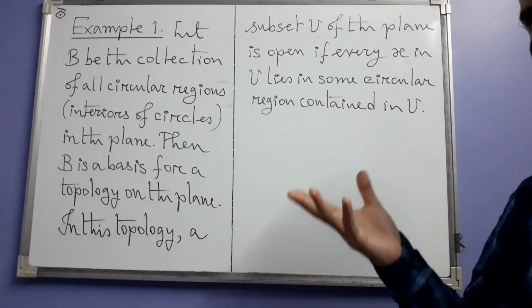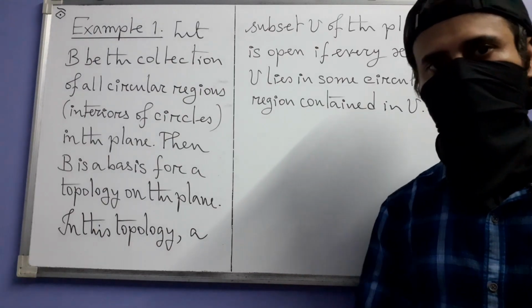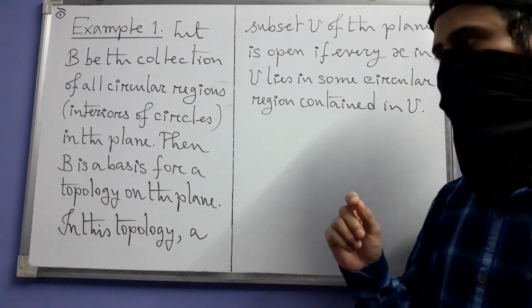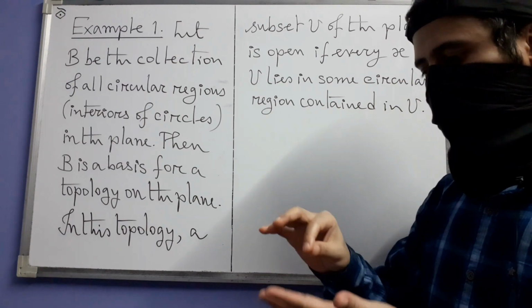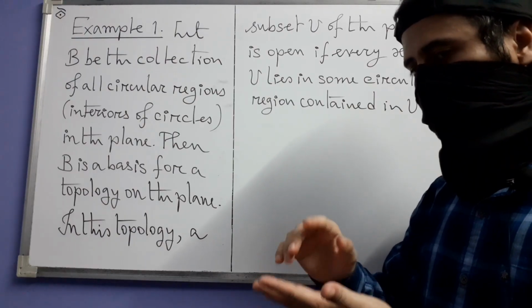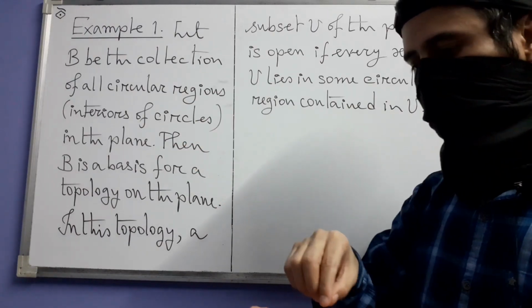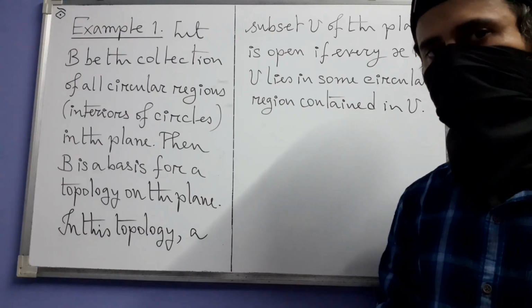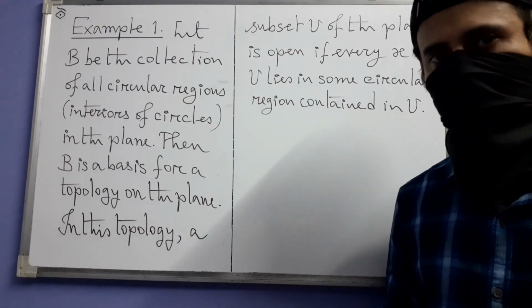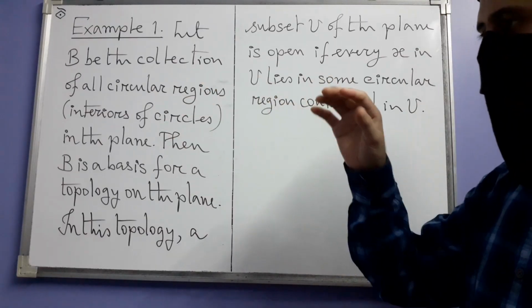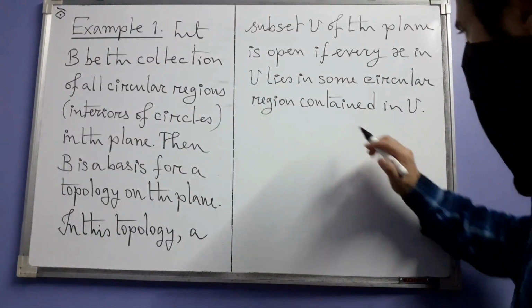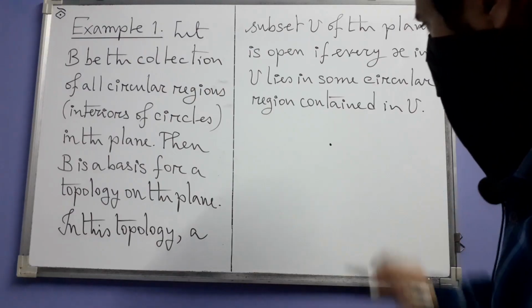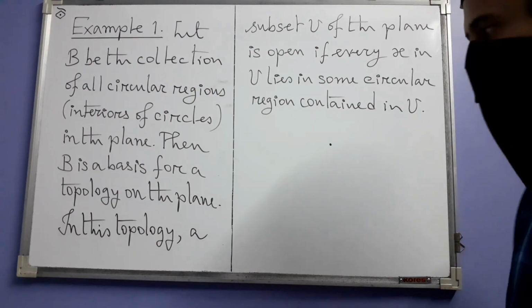How does B satisfy those two conditions in the definition of a basis? The first condition requires that any point in the plane has to be inside one basis element, that means inside the interior of some circle, which is obviously true because you take any point in the plane. Let me actually draw a diagram here. So this is any point in the plane.